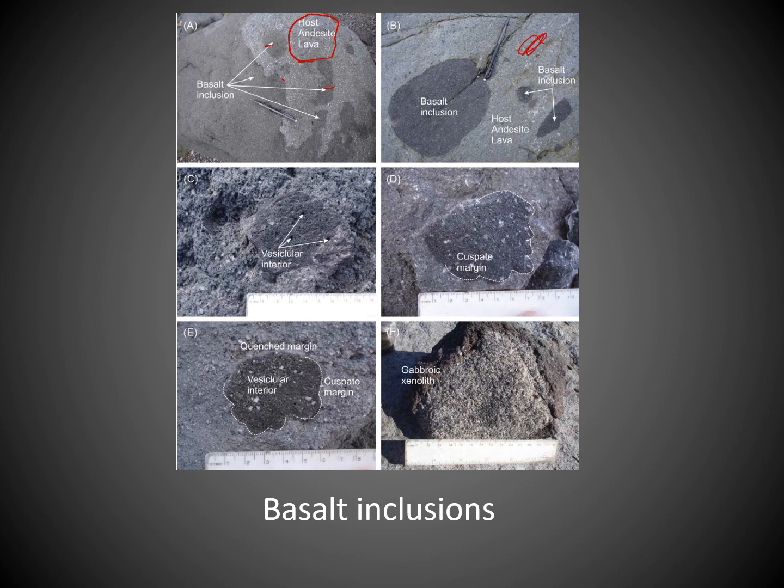Here's some andesite here, and here's a basalt clump. Really common. In fact, some of it's even really vesicular. So not only is it releasing heat, it's also releasing some volatiles. What do we say volatiles do to the melting point? It lowers it. So it's sort of a doubly effective way. You bring in some heat and you bring in some volatiles. So you have more heat and you have lower melting points.